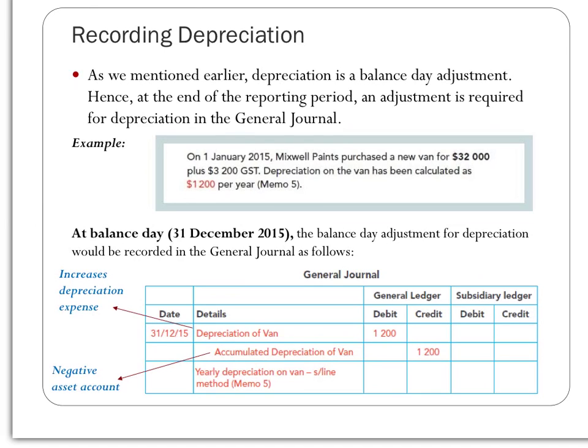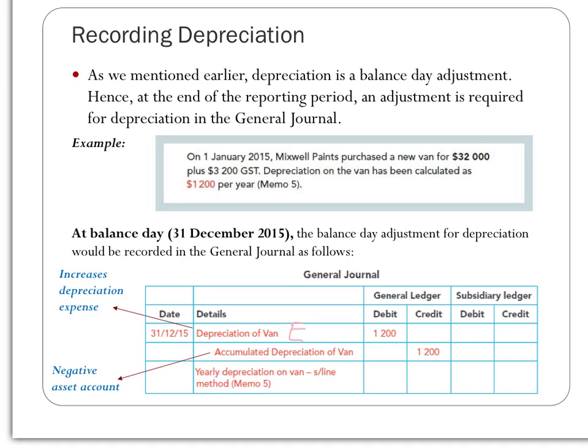So in the general journal, we would debit depreciation of van. This is the expense account, so we debit this account, $1,200 per annum depreciation. We need to credit accumulated depreciation of van.